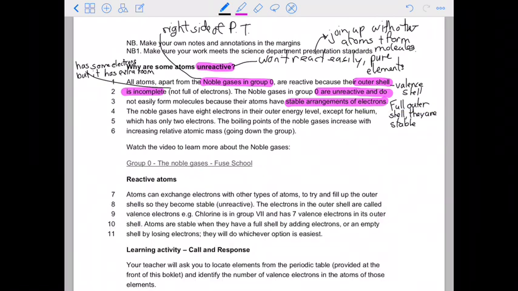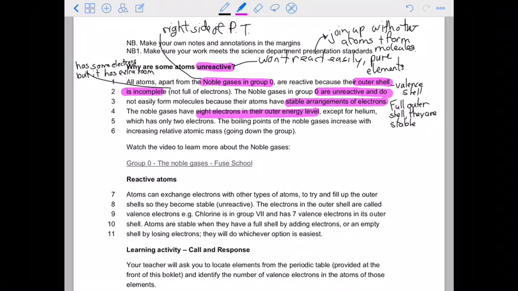It's like when you have 2 feet on the floor versus only 1 foot on the floor. You'd rather have 2 feet if someone tackles you so that you are able to stay standing upright. So the noble gases have 8 electrons, except for one exception, which is helium, which has 2, but that is still a full outer shell for helium. So they have those 8 electrons, so they are stable.